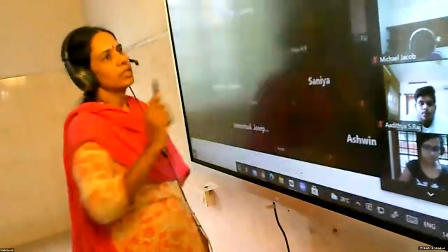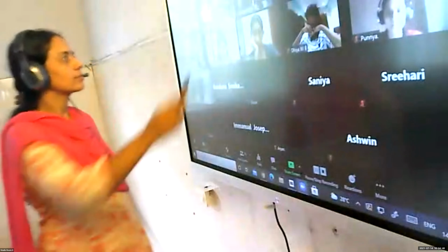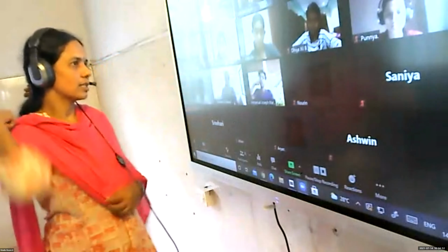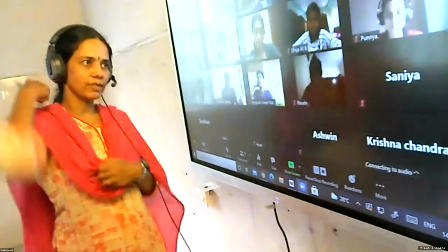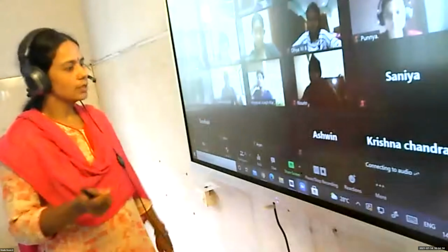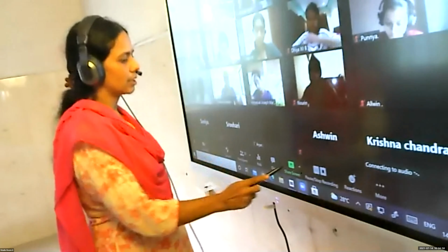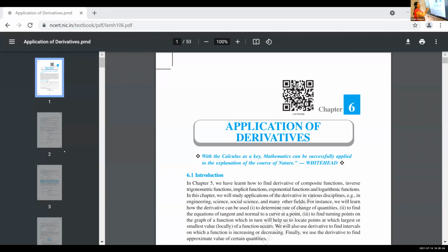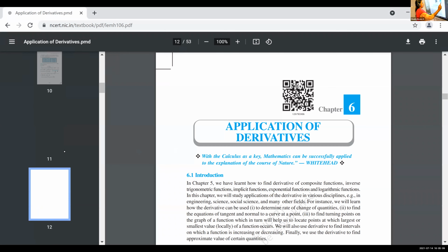Up to that, what we have discussed now, is it clear, children? Any doubt in this part? Do you understand what is meant by increasing and decreasing function? So now take the textbook, all of you. Why I insist you take the book now is because some important points are there, learn the definitions also.